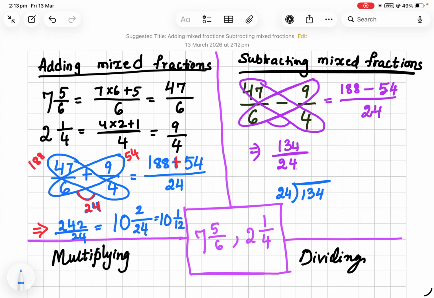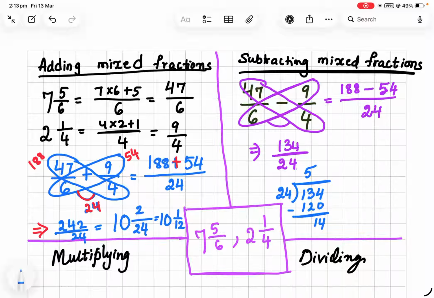Can I choose 6? 24 times 6, that's a little bit over, I think. If you have calculators, please track my voice and try to punch in those numbers. So 24 times 5, that's close to 120. I think that's closest to 134. Now the remainder here is 14.